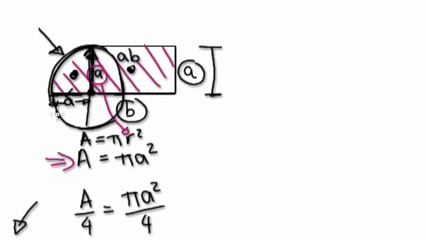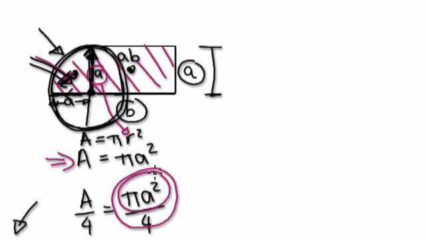So the whole circle here is given by this part here. So pi a squared is the area of the whole circle, and then I'm going to divide it by 4. So that will give me this part here, which is the part that I'm interested in. So the area of this part here is given by this whole thing here. Okay, so the area here is pi a squared over 4.